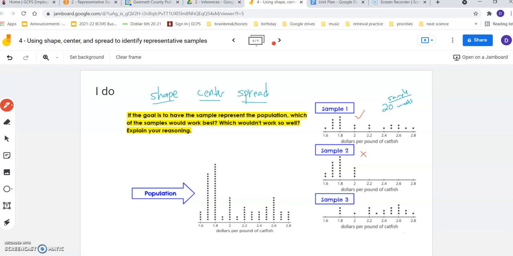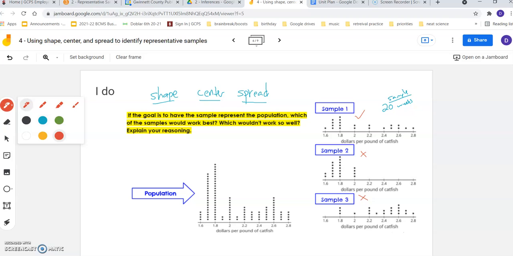I'm going to give it a no on shape. Same here. This one doesn't have a similar shape to the population. There's no big spike at the beginning, and there's lots at the end without the spike at the beginning. Not very good in terms of shape. So the top sample, by far, most accurately represents it.